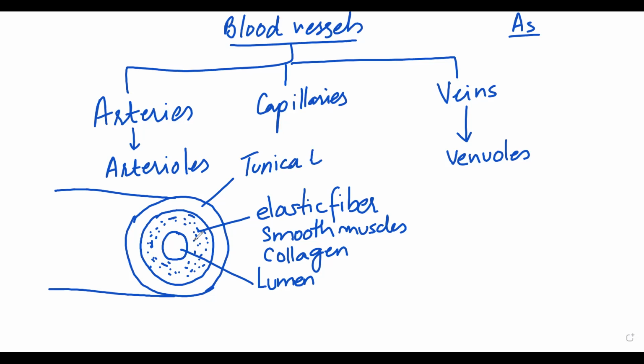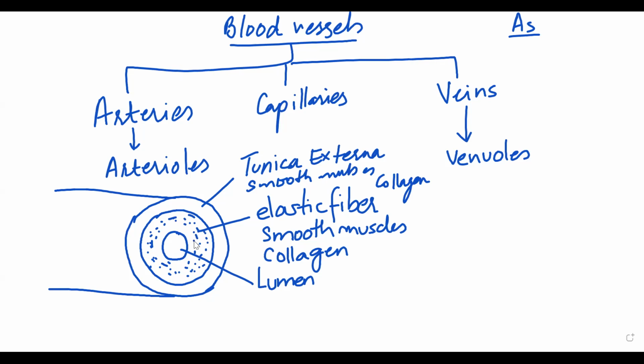Tunica externa means that this is the external wall. So tunica externa is made up of smooth muscles and collagen. Collagen is the protein that provides more strength and support to the arteries. So this is an artery.